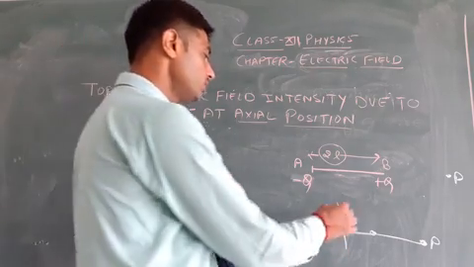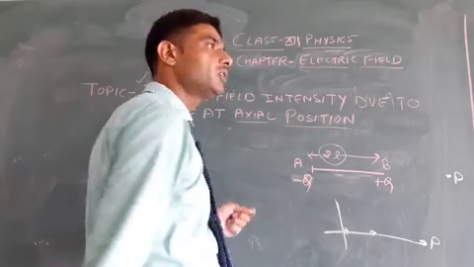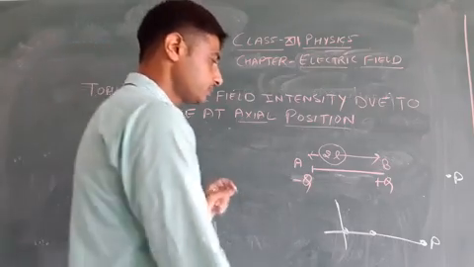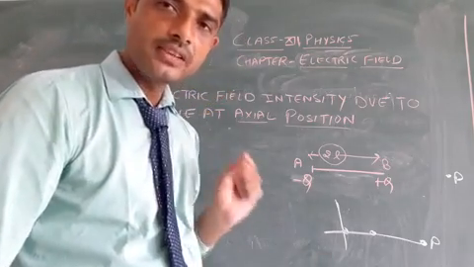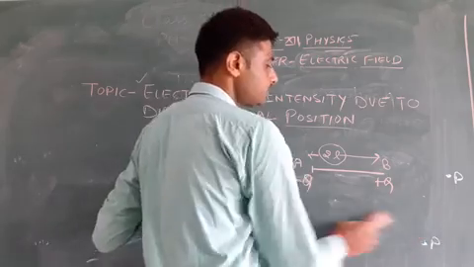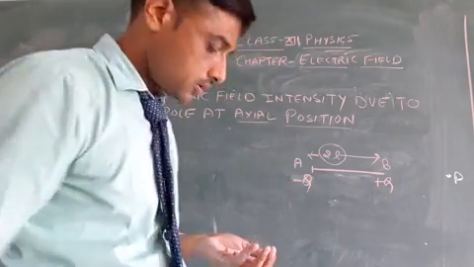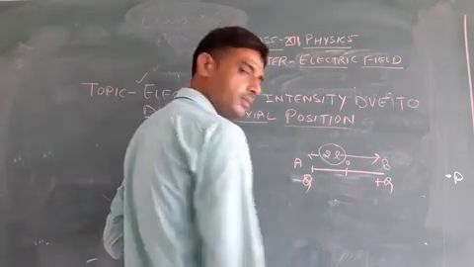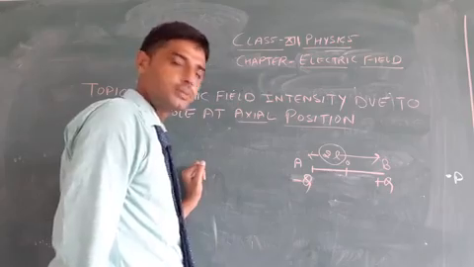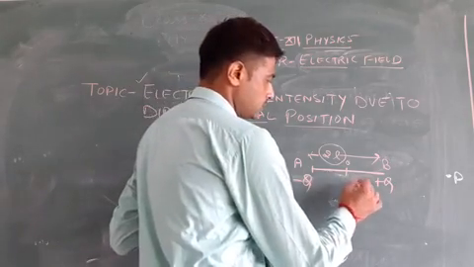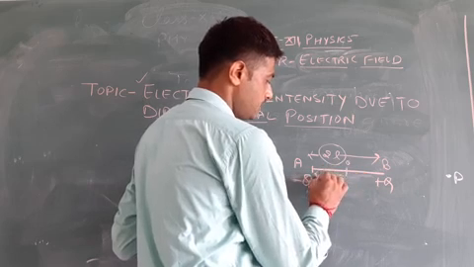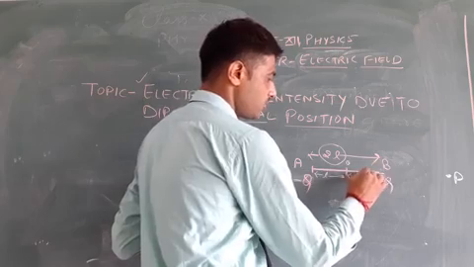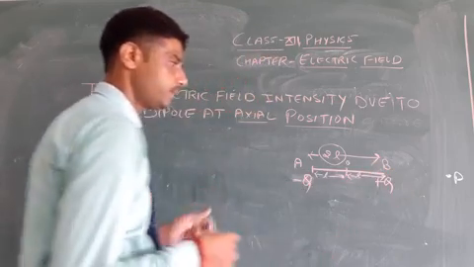If your dipole is situated on the y-axis, then your point P is also situated on the y-axis. So this is the axial point. Let the midpoint of the dipole be O. So the length OA is L and OB is also L.